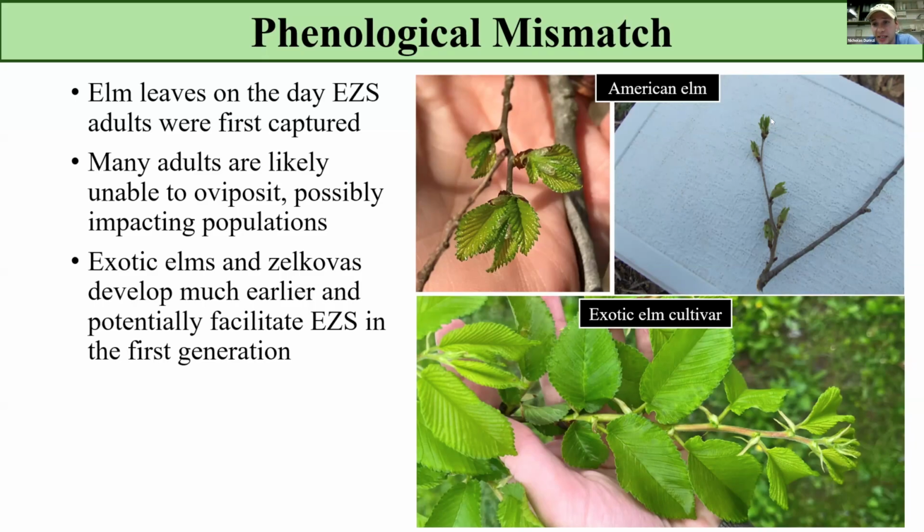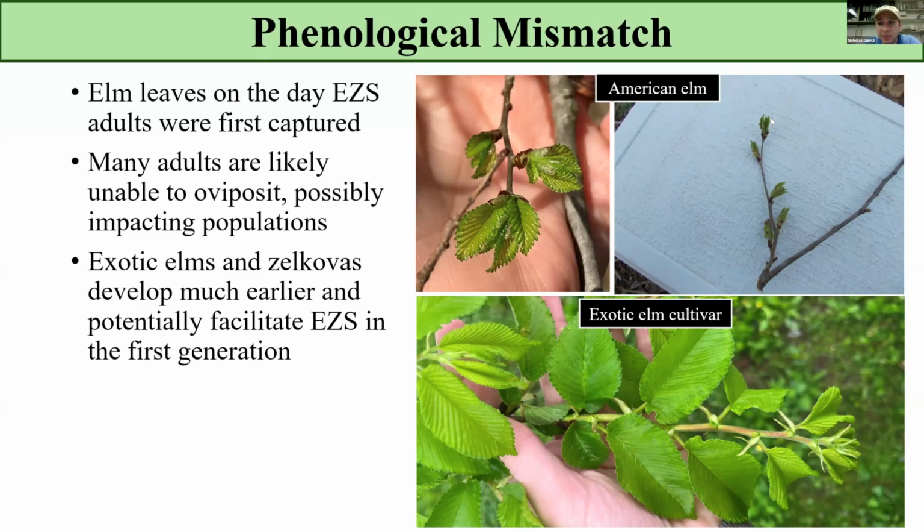I mentioned that EZS potentially only uses Zelkova in the first generation, or early in the year, and that's for the same reason. Zelkovas leaf out at a similar rate to exotic elm cultivars. So the study found that in their plot of American elm that had some Zelkova nearby, they basically found no EZS on Zelkova after the first generation.